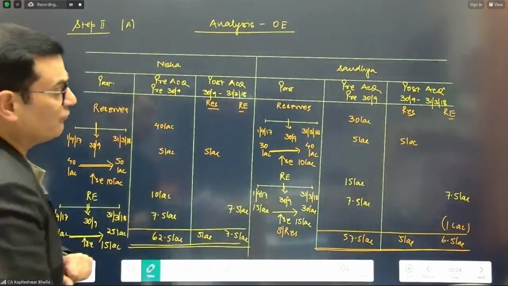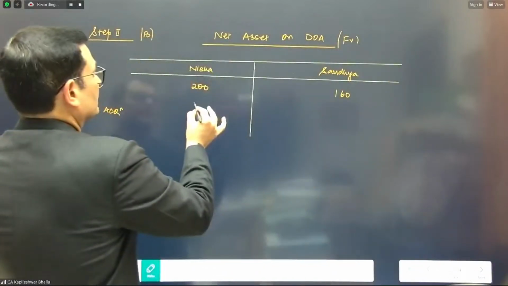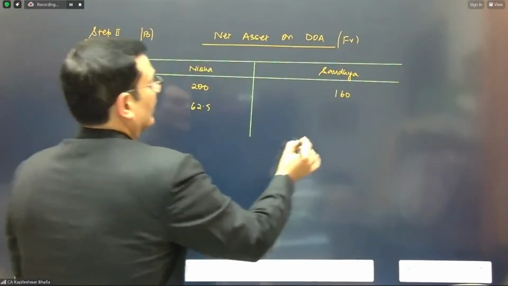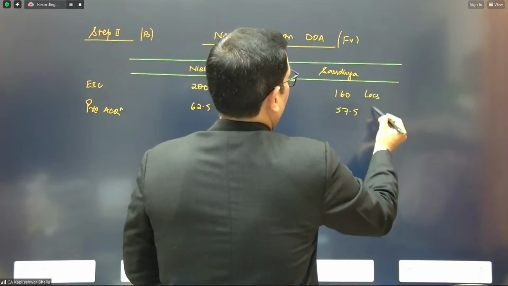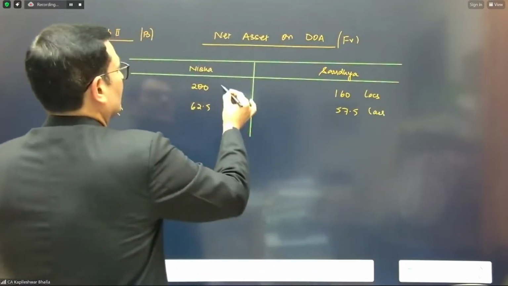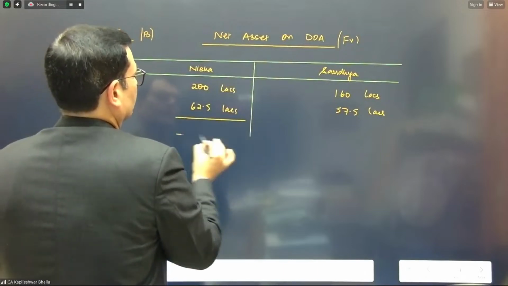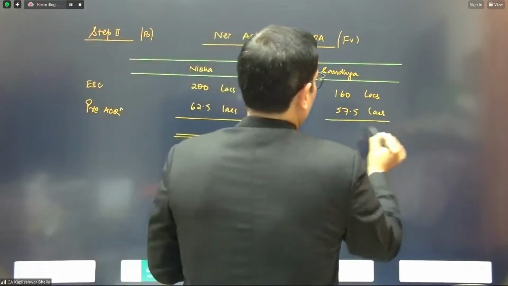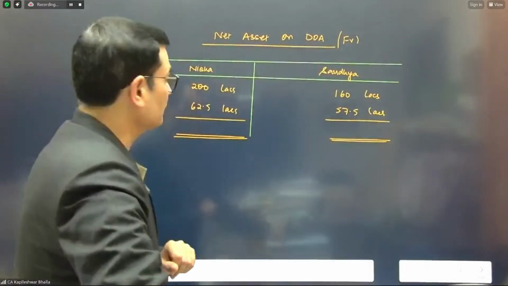This is 62.5 and that is 57.5. All figures are in lakhs. So I think that gives me the status of the net assets on the date of acquisition.